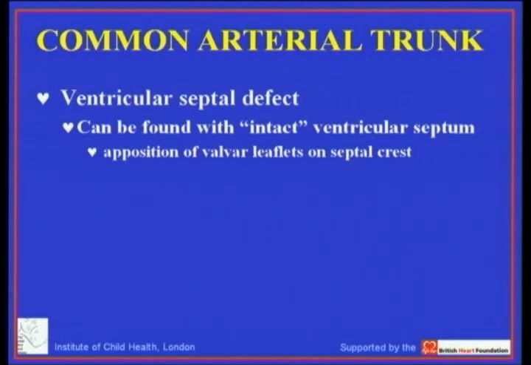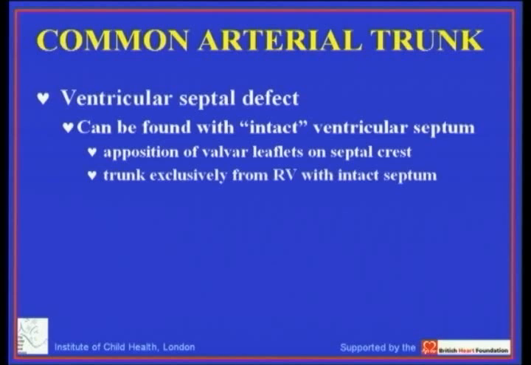So during diastole, it was argued there was no ventricular septal defect. But this does not hold good, of course, when the leaflets open, because then the septal deficiency immediately becomes recognizable. So we would not call that an intact septum, although we recognize it's an important finding.